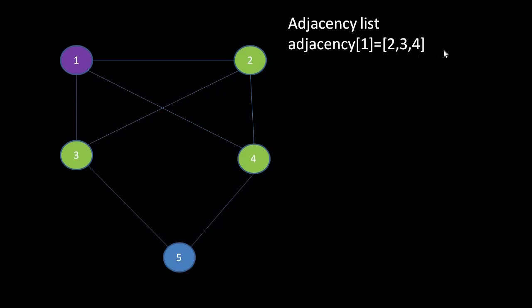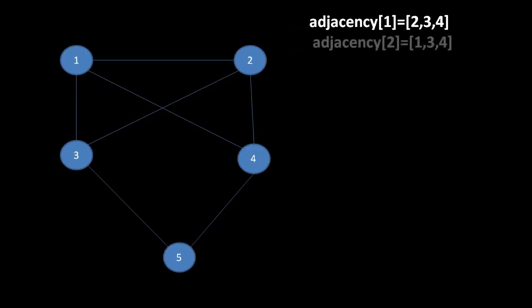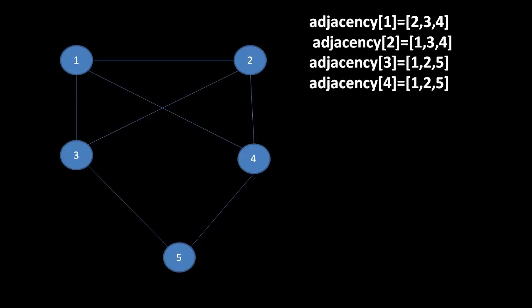Similarly, for other vertices we can create an adjacency list like this, where 2 is connected to 1, 3 and 4, 3 is connected to 1, 2 and 5, 4 is connected to 1, 2 and 5, and 5 is connected to 3 and 4.